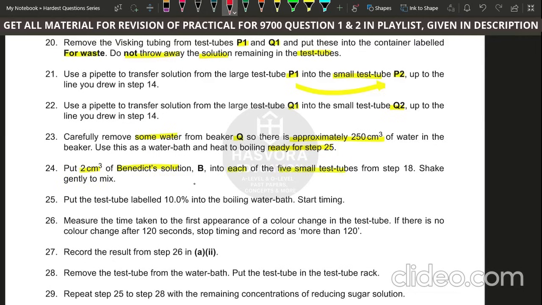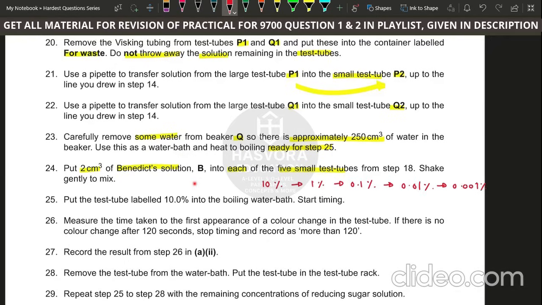Now you are seeing that the examiner is actually doing the same thing that I told you. So you'll actually be putting 2 cm cube of Benedict's solution into each of the small test tubes with the concentration of 10%, then 1%, then 0.1%, then 0.01%, and at last 0.001%.